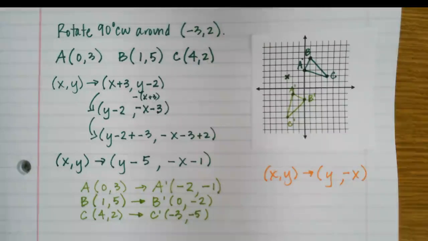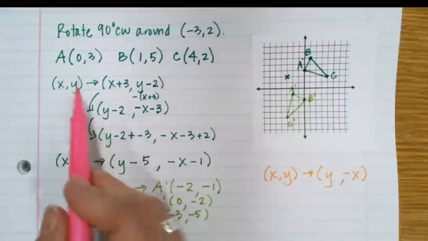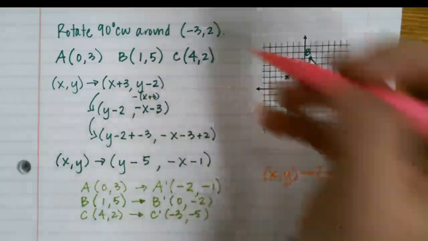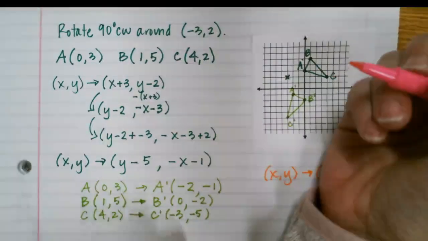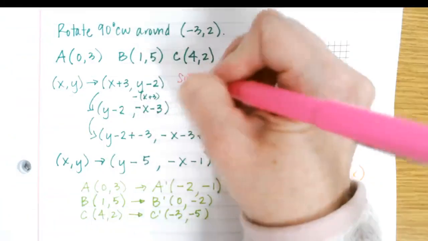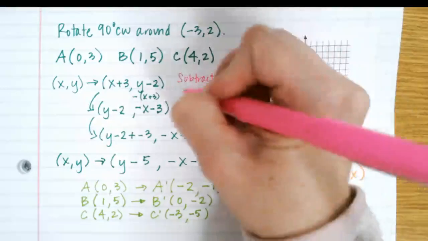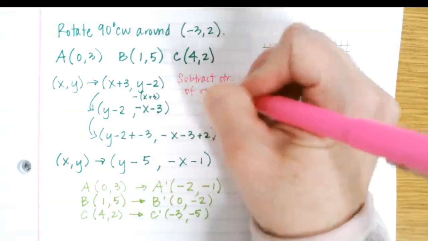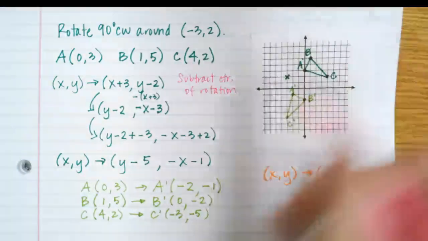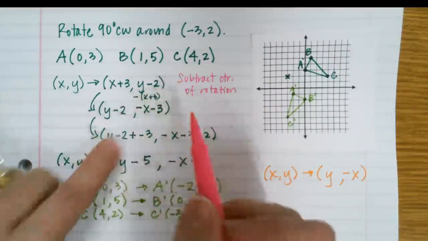So just to go through and label what we did here. First thing we're going to do from here to here is we're translating the center to the origin. So we are subtracting the center of rotation. All right, so we subtracted the center of rotation.